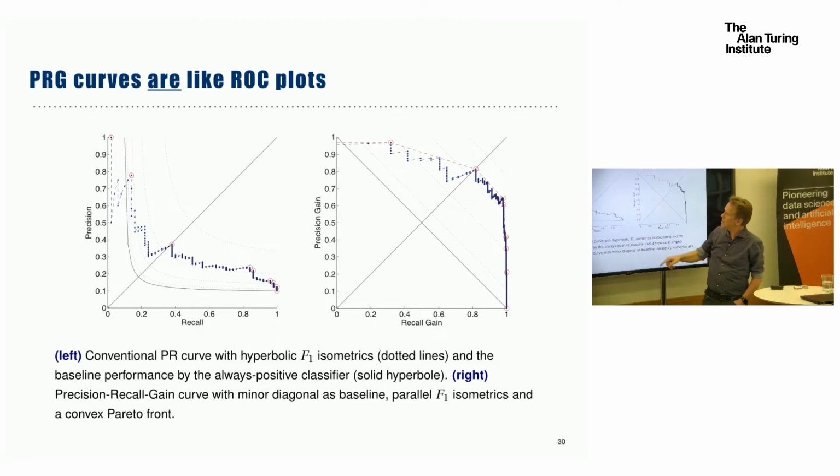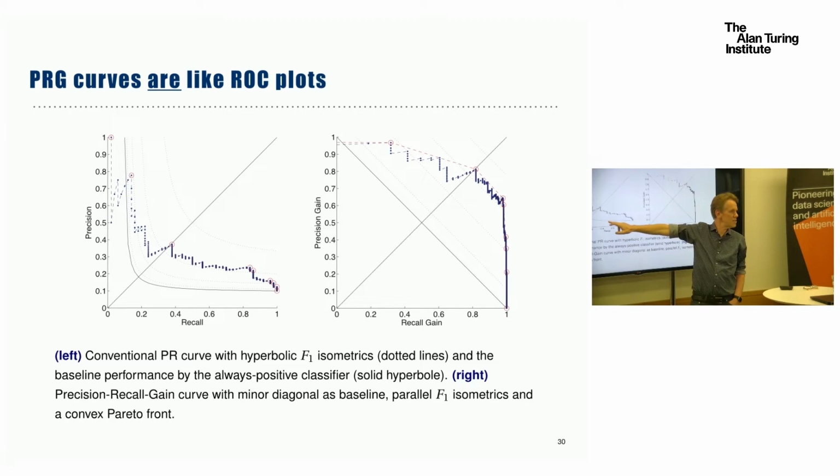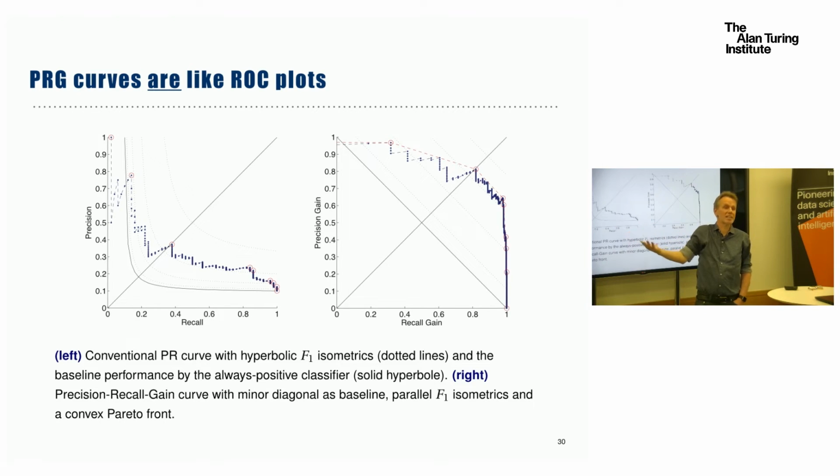And this is an F-score isometric, the F-score isometric of the always positive classifier, because when you do F-score, the always positive classifier is the one to beat. Not the random classifier or the majority class classifier, but the always positive classifier, because you get that for free. So you should never accept an F-score that's lower than you get for free from the always positive classifier. So that guy is here.